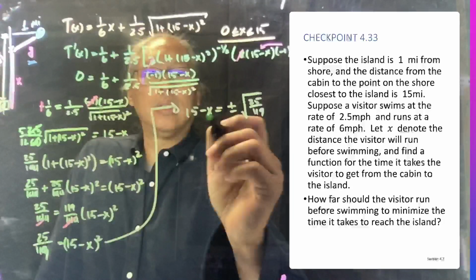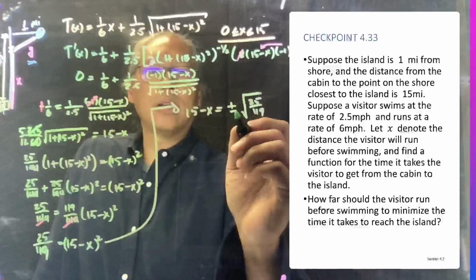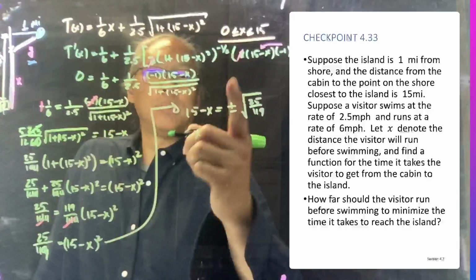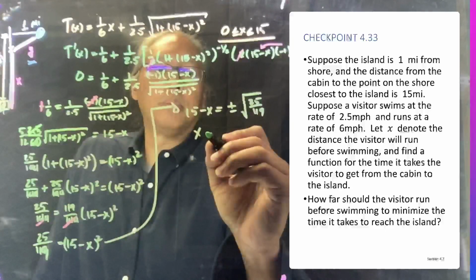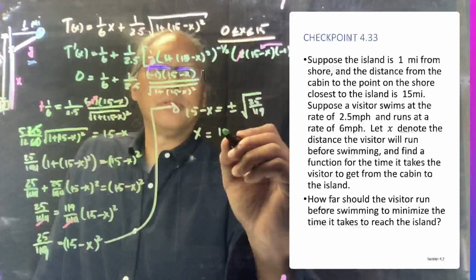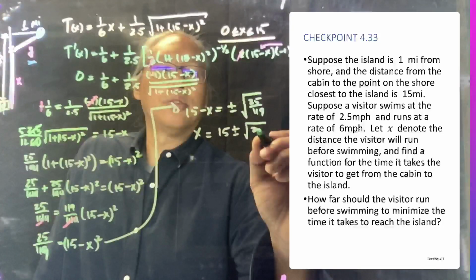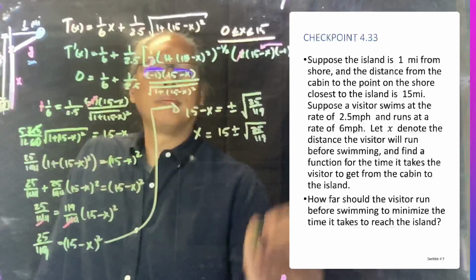And then I can solve for x. So I'll subtract the 15 and I'll divide by a negative number, which will still be plus and minus. So this will be x equals 15 plus or minus the square root of 25 over 119.